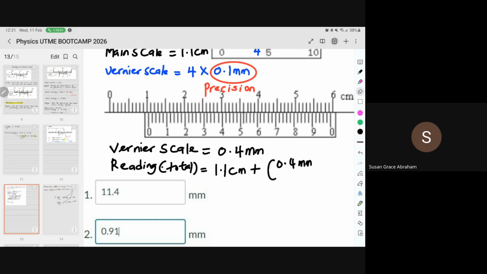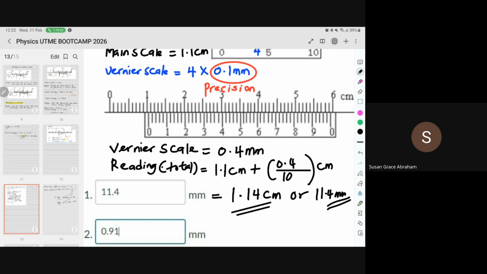I'm going to divide by 10 so I can convert it to centimeter. So this will now be equal to 1.1 plus 0.4 divided by 10. Do you understand what I did there? Suzanne, do you understand? Yes, sir. This will give me 1.14 centimeter. Or if you want to convert to millimeter, you multiply by 10, or 11.4 millimeter.